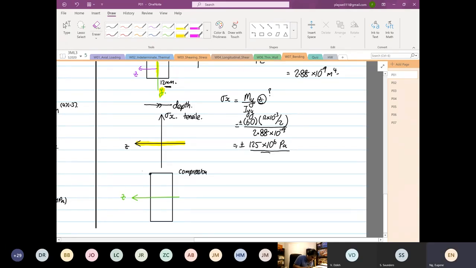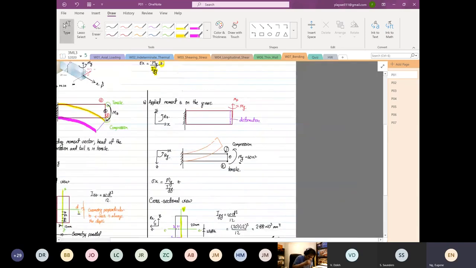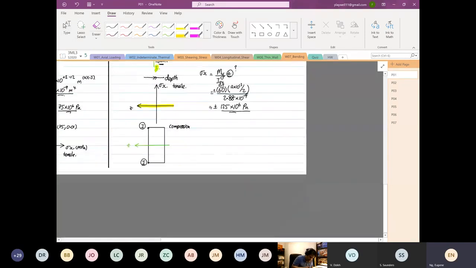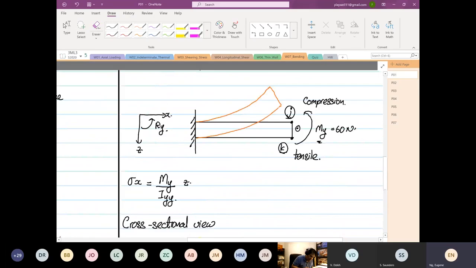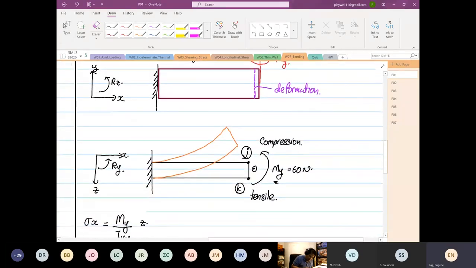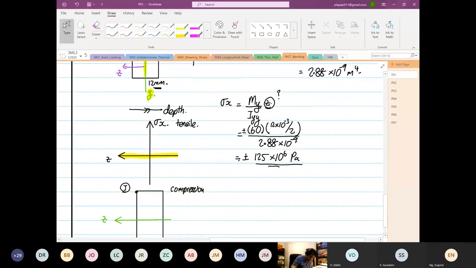So I remember we call this I, right? Over here is J, right? So when we look at our vector, sorry, J and K, I do apologize. J and K now, right? So we know that point J is in compression mode, okay? And then tension mode. All right.